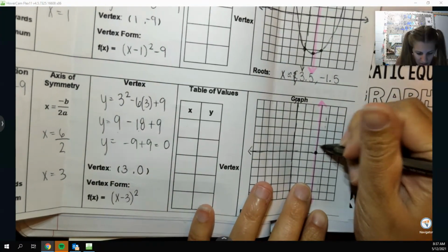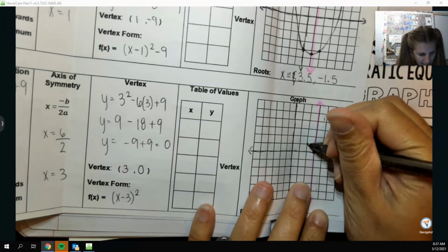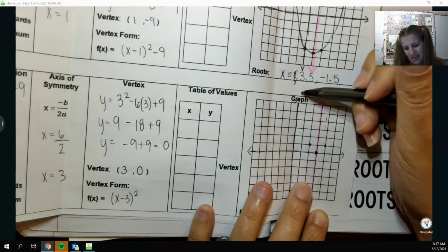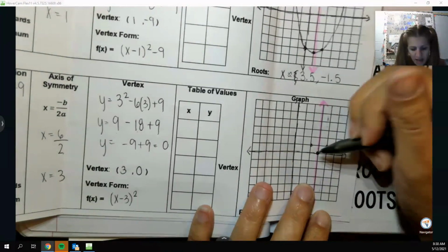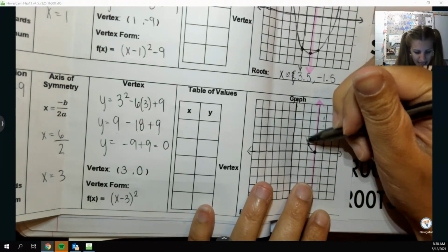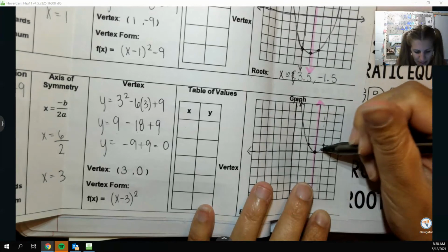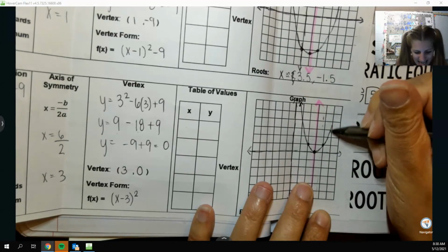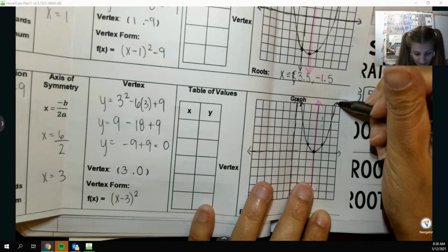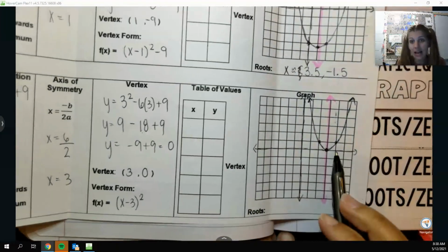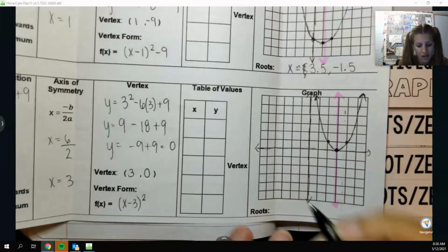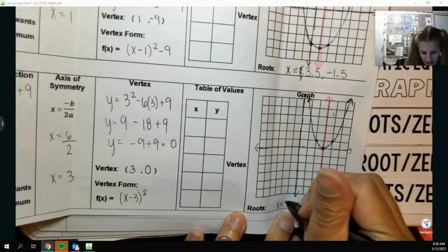And then my slope is 1, so I can go up 1 over 1 on both sides. Also, my y-intercept is 9, but that's like way up here. It's not going to fit. But also, I kind of don't need it. I can totally see that this parabola is touching the x-axis only one time. And so I only have one solution right where x is 3.